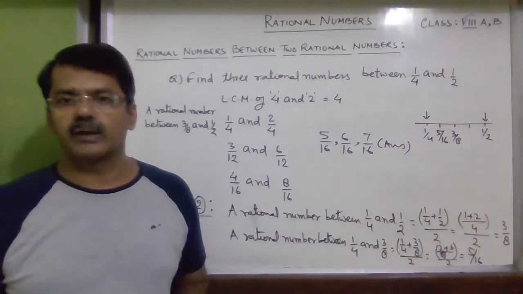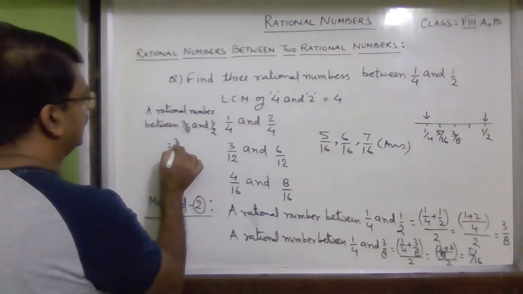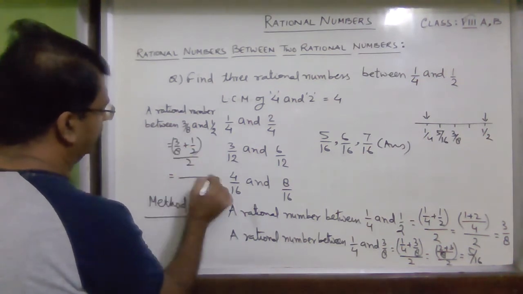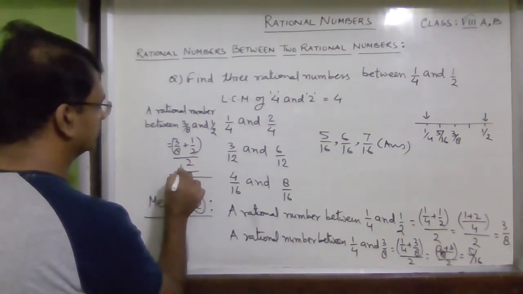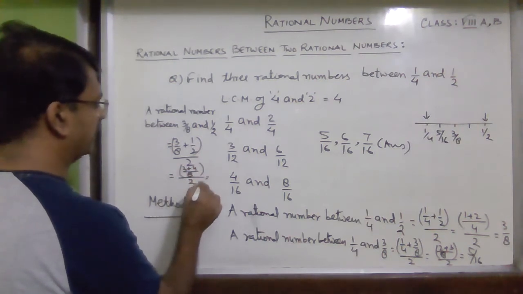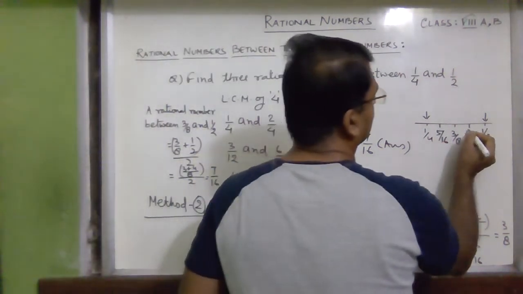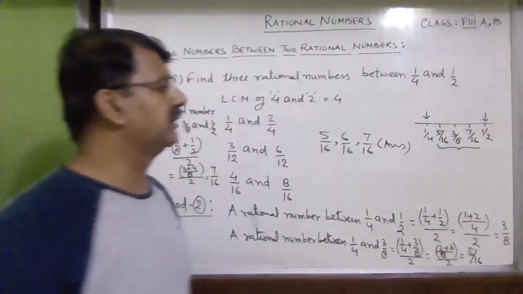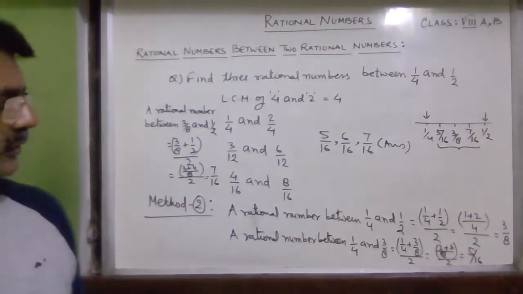That will be equal to 3 by 8 plus 1 by 2 upon 2. If you take 8 LCM, so 3 plus 4, 7 upon 8 by 2, 7 by 16. So you can see the next one is 7 by 16. So these three are the rational numbers between 1 by 4 and 1 by 2. Clear? Next question.